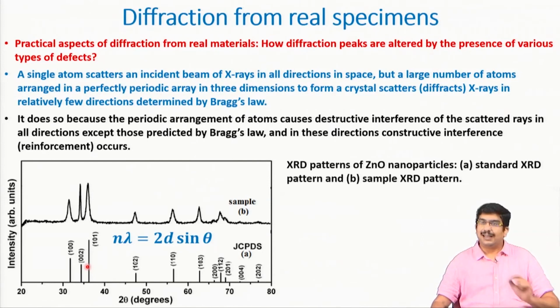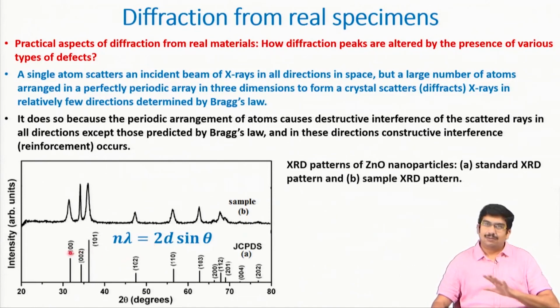Next thing you can do is find out even the intensity of these peaks theoretically, if you know the structure factor. Structure factor and multiplicity factor, if you remember, I said these two are related to the crystallography of the material. So you know the crystallography, and you can find out the intensity of, say, the 100, 002, 101, that is, 110 type peaks, all of these peaks you basically know.